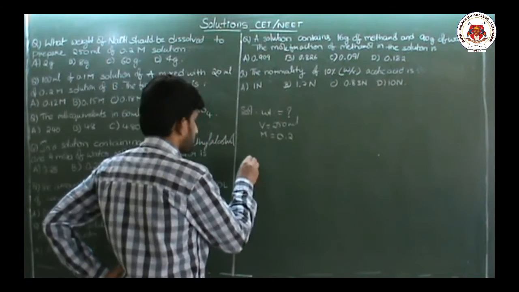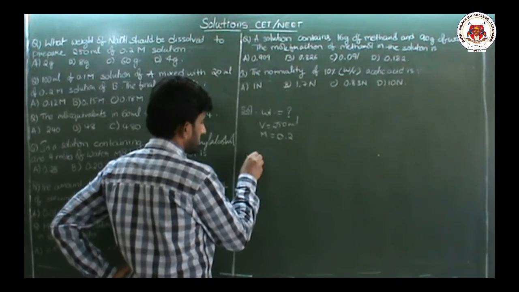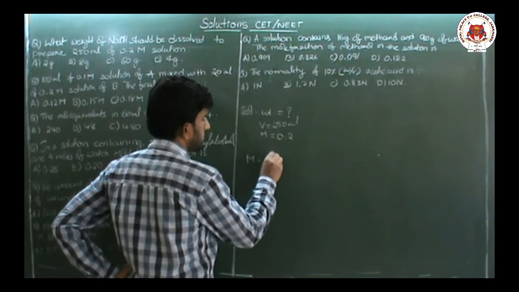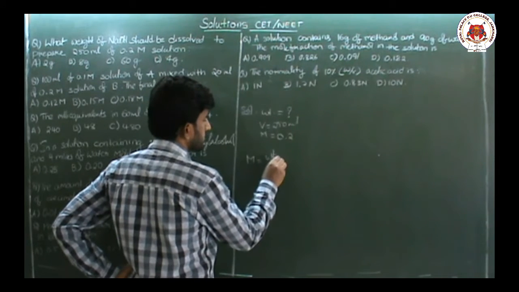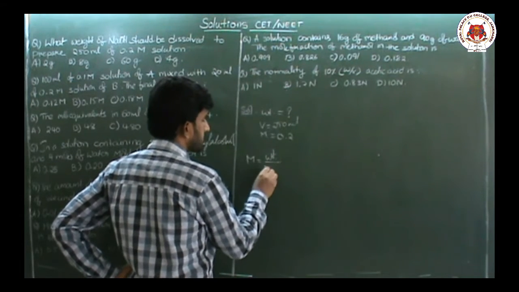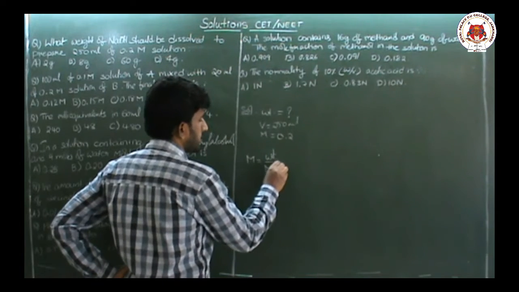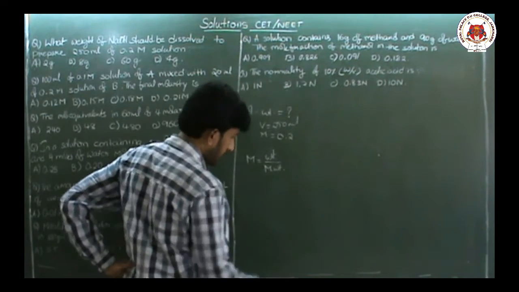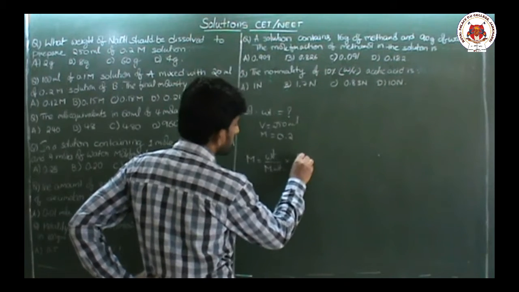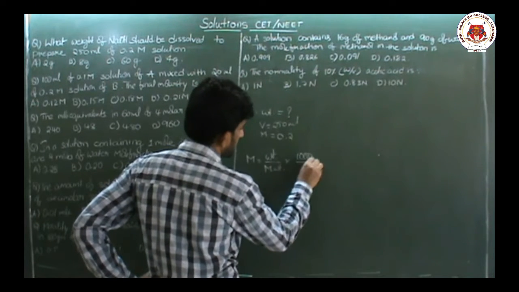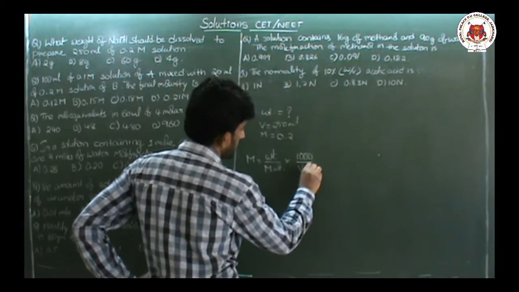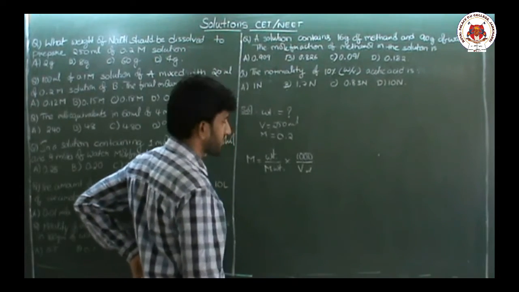Now you know the molarity formula is equal to weight by molecular weight into 1000 by volume of solution in ml.